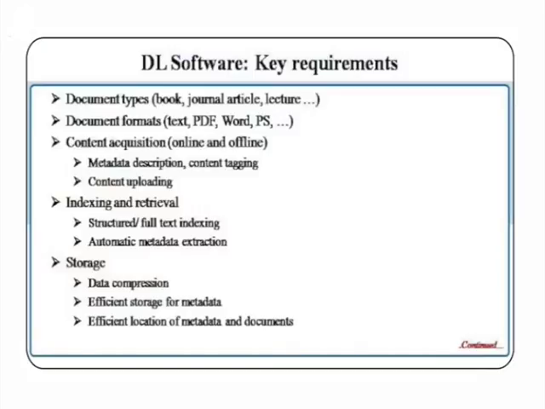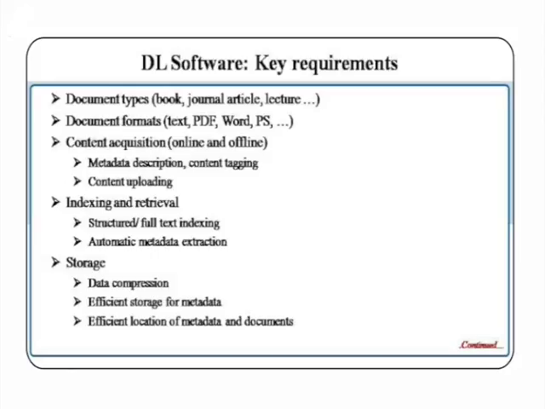The key requirement is that the document type has to be decided, whether we want to do it with books, journals, articles, lecture notes, video, audio, etc. And its format has to be decided, whether it is simple text format, or PDF scanned format, Word format, or PostScript format.